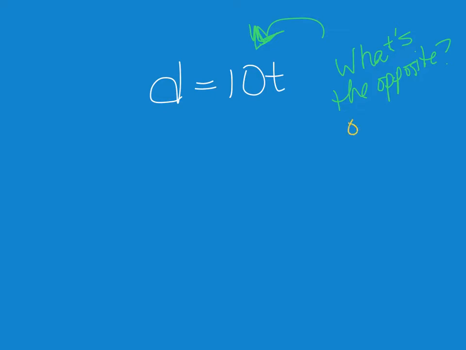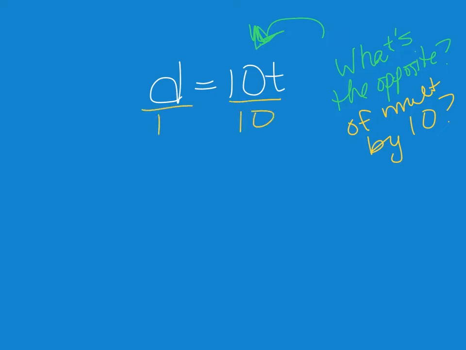In this particular case, it's the opposite of multiplying by 10. And you should by now know that the opposite of multiplying by 10 is dividing by 10.